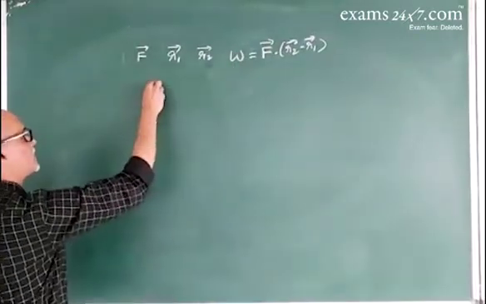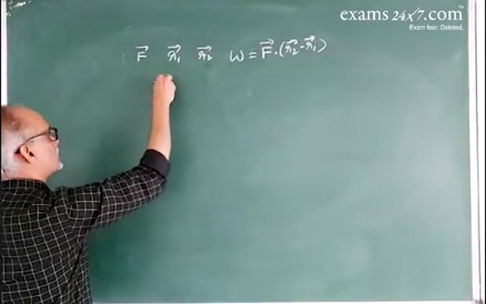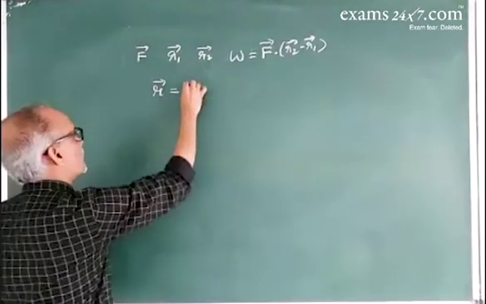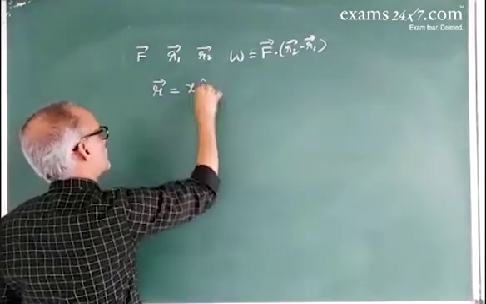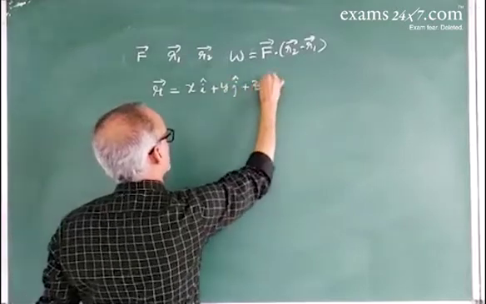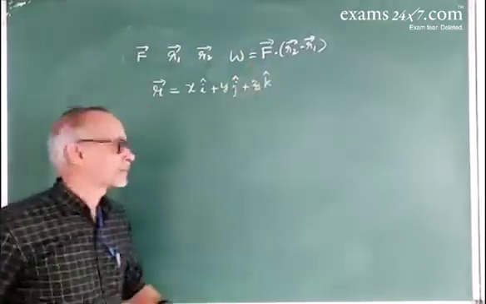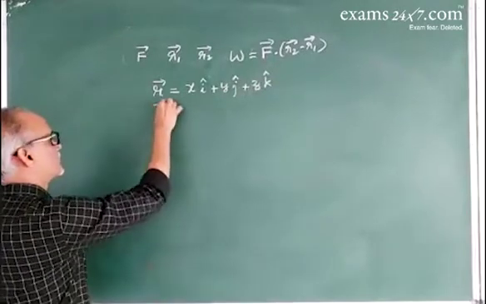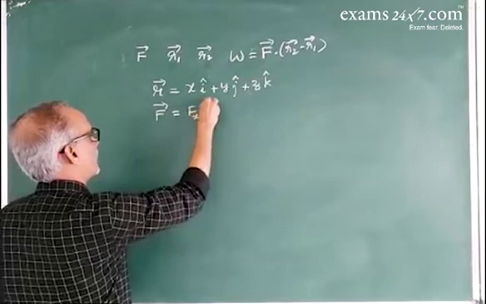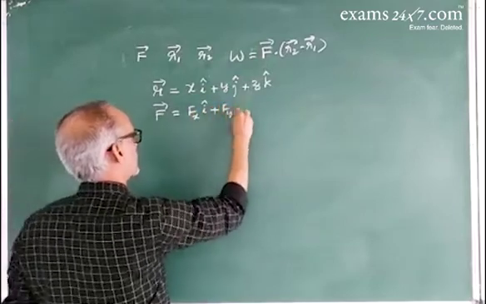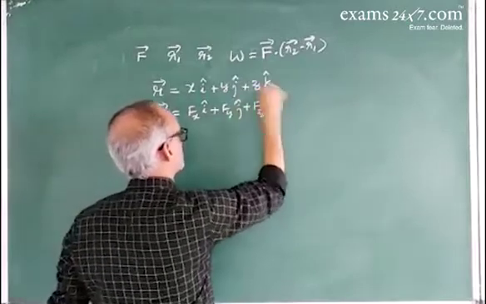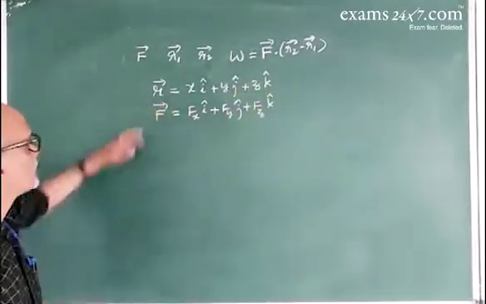Now if the net displacement R is given as x i cap plus y j cap plus z k cap, and if the force is given with the coefficients Fx i cap plus Fy j cap plus Fz k cap, we know the values of F and r.